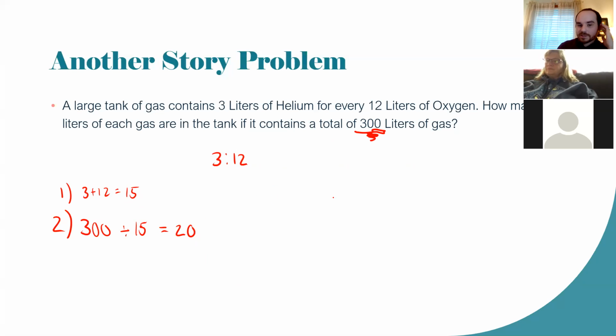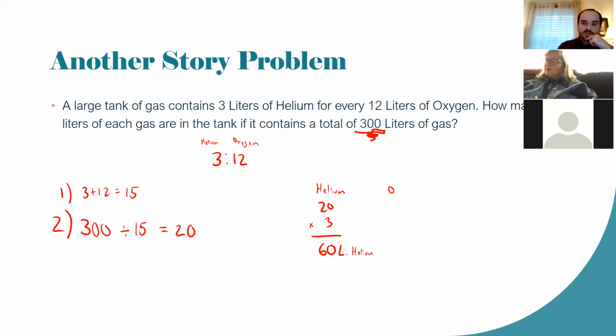So how do we figure out how much helium is in the tank? Times it by the 3. Yep. So we're going to do 20, which is the number we just got, times 3 equals 60. So we have 60 liters of helium.